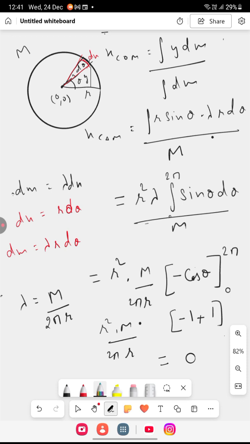So we will consider only this upper part, not this lower part. We will move from here to here.